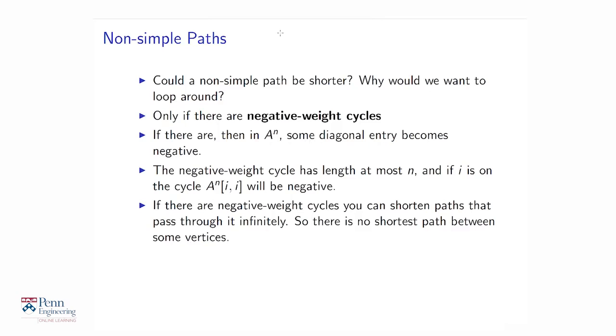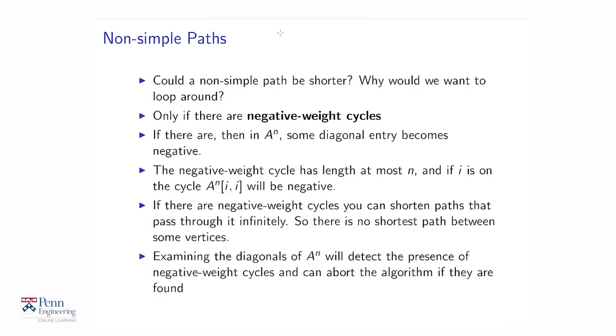So in fact, there is no shortest path from one of these vertices to the other, because you can always shorten the path further by taking the negative weight cycle more times. So what the algorithm can hope to do is only detect negative weight cycles when they exist; it cannot return any shortest paths. So this algorithm will detect the presence of negative weight cycles, and if they are not there, it'll give you the shortest paths from any vertex to any other vertex.